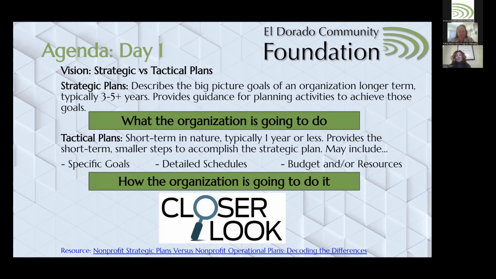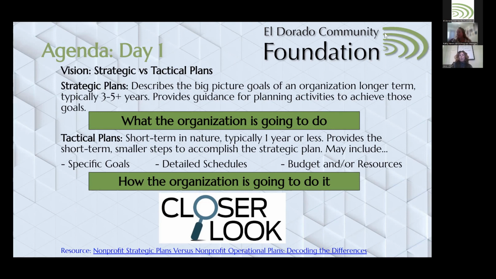So the next pillar we're going to give you in making decisions is strategic or tactical plans. A strategic plan generally is a big picture goal of an organization. Typically, you're looking 3 to 5+ years down the road. It's going to provide your guidance for planning activities to achieve those goals.